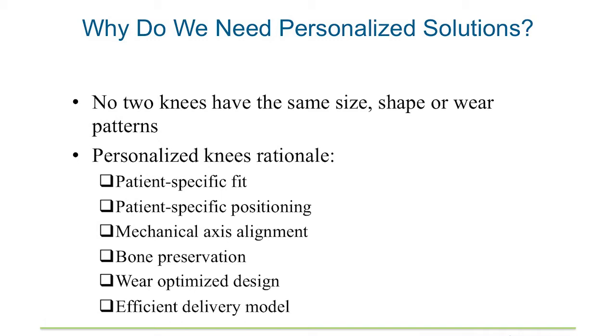And if everything is aligned properly, it should reduce the wear. And also the way that they have produced what we use, called the cutting blocks or the cutting jigs, everything is patient specific, so that it allows them to deliver everything in essentially a shoebox, and we'll come on to that as well.